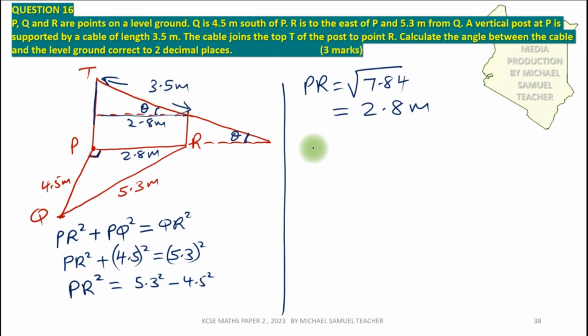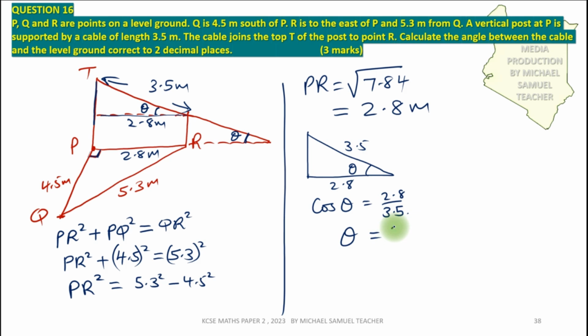So we have 3.5 and 2.8, and we require this angle theta. This is adjacent and hypotenuse, so cosine theta will be equal to adjacent 2.8 divided by hypotenuse 3.5.